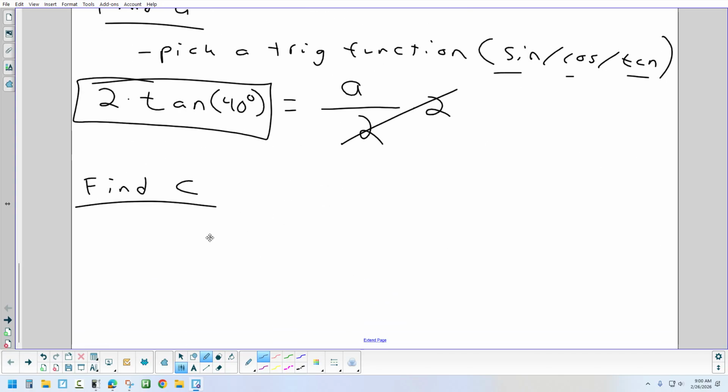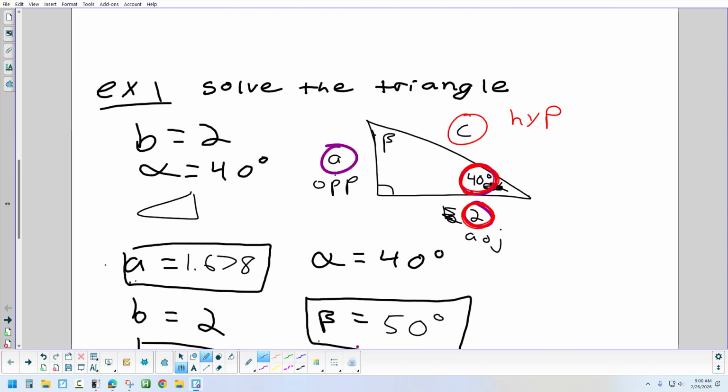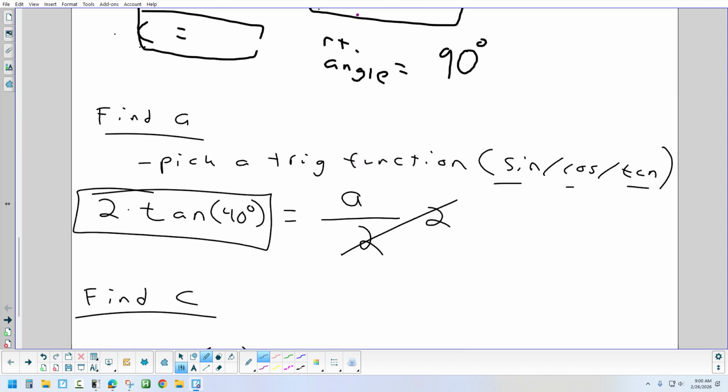All right, so we're going to have a trig function, fill in an angle, and a fraction. We've got to figure out the trig function. In this case, it will be cosine, because the adjacent is the side we know, hypotenuse is the side we don't, and those are the 2 sides, adjacent and hypotenuse. The only trig function that has those 2 that we're using today is cosine.